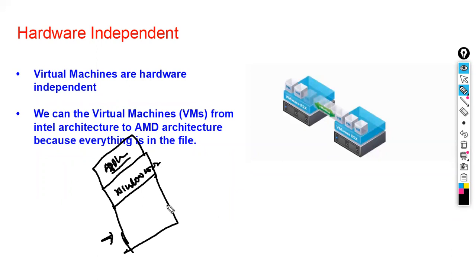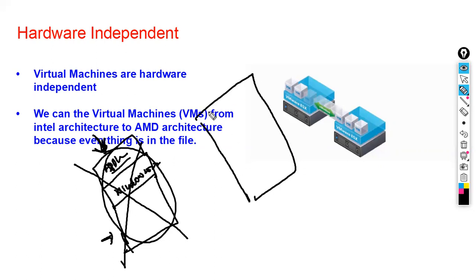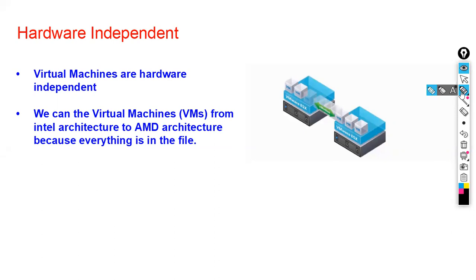Okay, and what you have done here, you have taken the image of this server. So after some time, let us say this physical server goes down and you want to restore the image on any other server. Let us say the other architecture is AMD. So you can't restore the image which you have taken from the Intel architecture to AMD architecture. This is the disadvantage of hardware infrastructure.